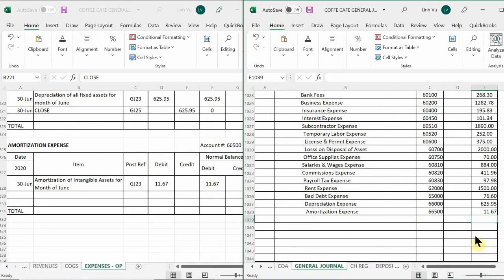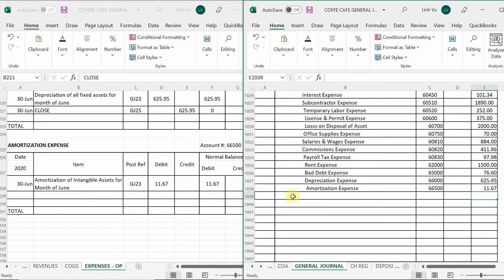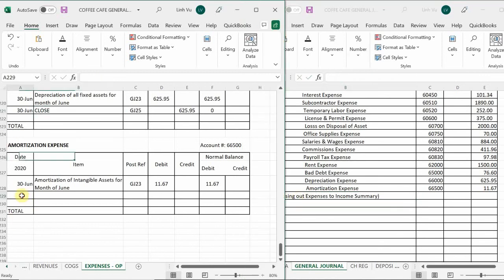And I'm going to go ahead and wrap this up by saying closing out expenses to income summary. Okay. So I'm going to go ahead and close this out.